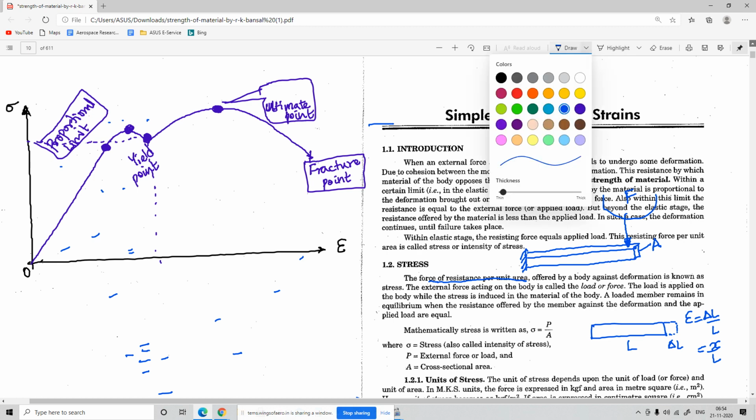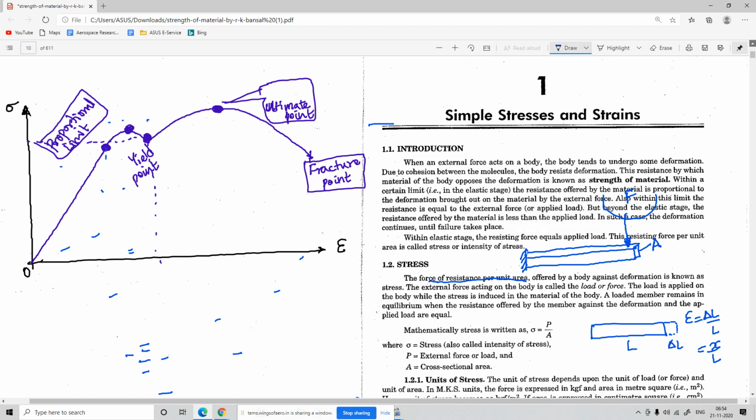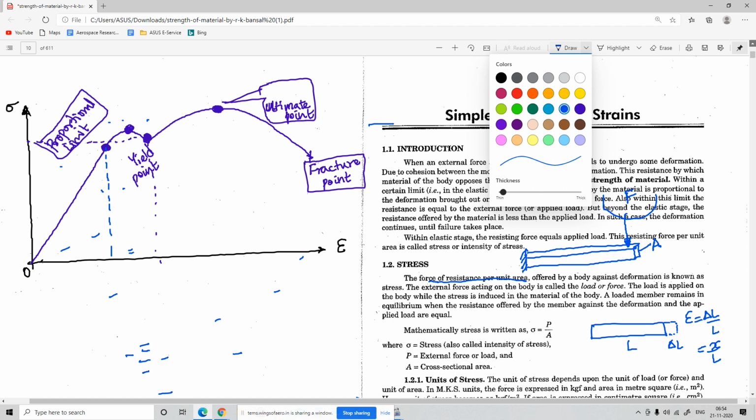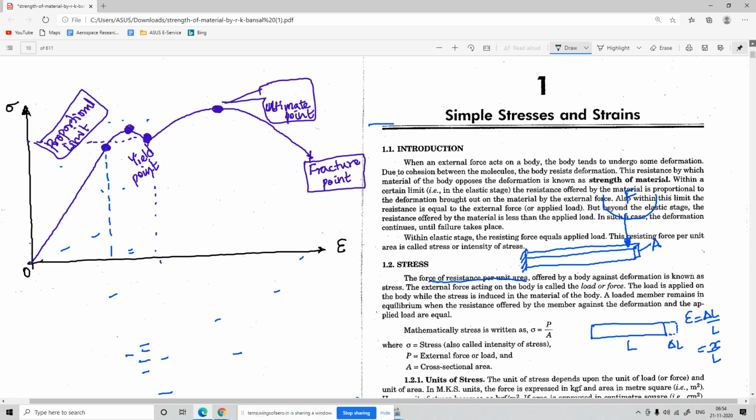Now if I have to see the range from this zone to this zone, it is called the elastic zone.